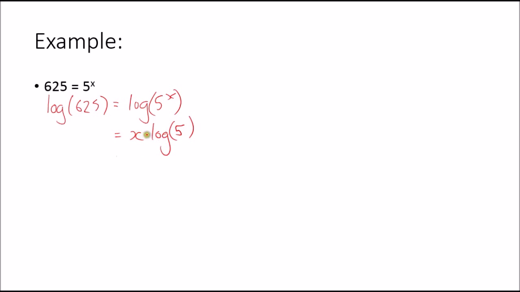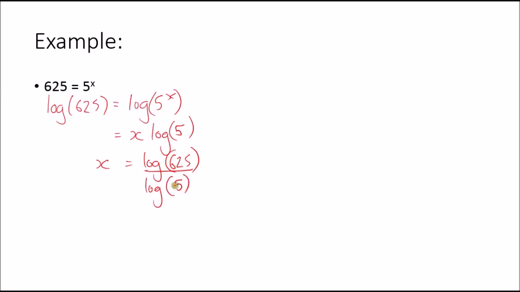Now, to get x by itself, I would have to divide by log 5 on this side, so I'm going to get x equals log of 625 over log of 5.